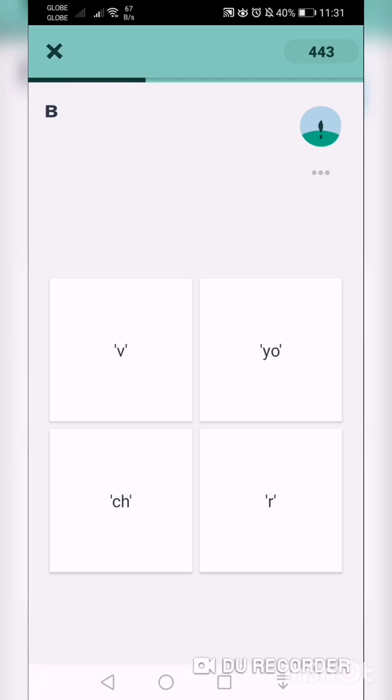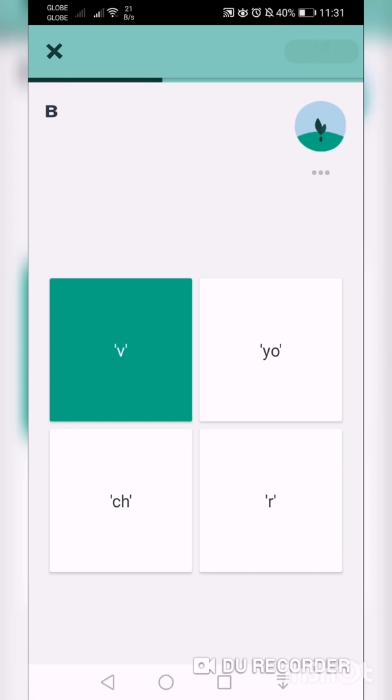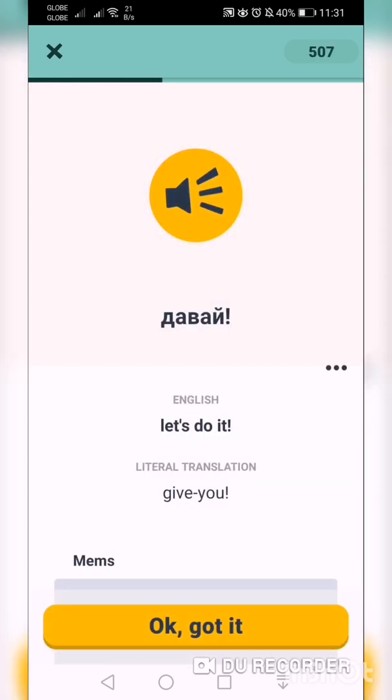All right. Now let's make some correlation notes. So letter B, just make it a V. V sound. Давай. All right. Let's listen to that again. Давай.